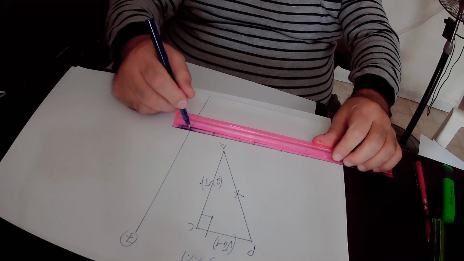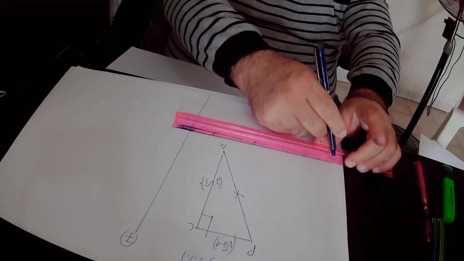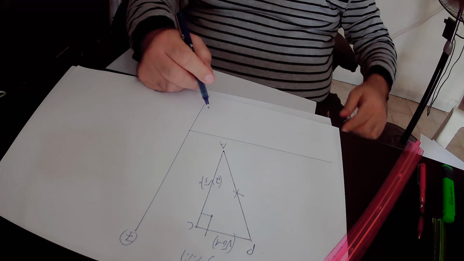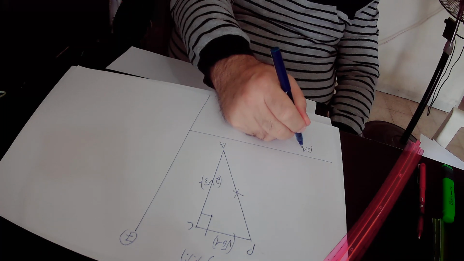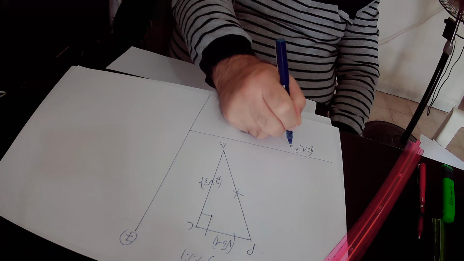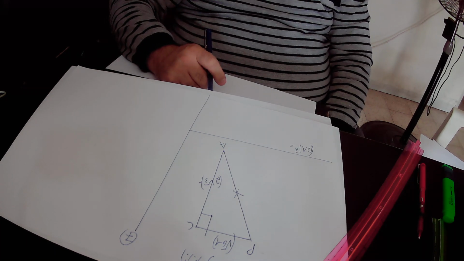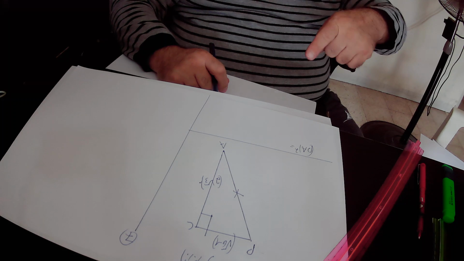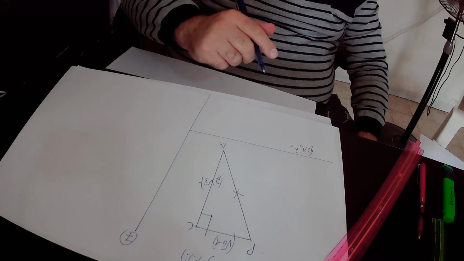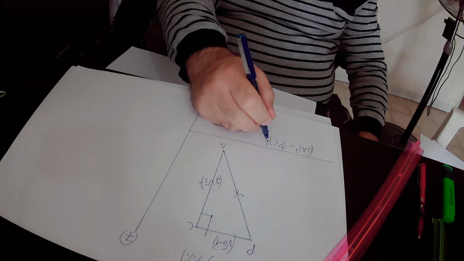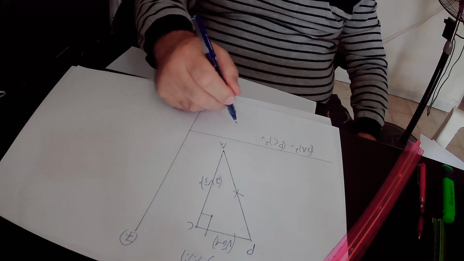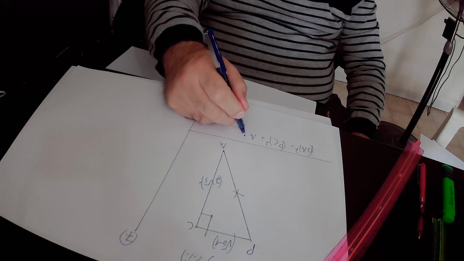So the hypotenuse in this right triangle is PA, therefore the square of the hypotenuse is PA squared, and it must be equal to the sum of the squares of the perpendiculars. That is to say, it must be equal to PC square plus CA square, or AC square.